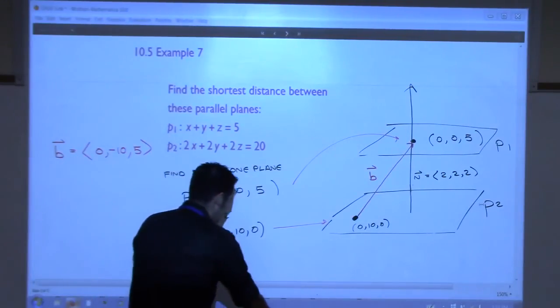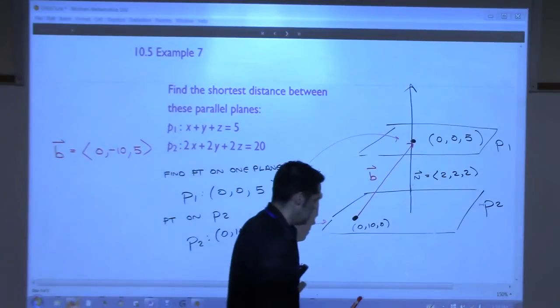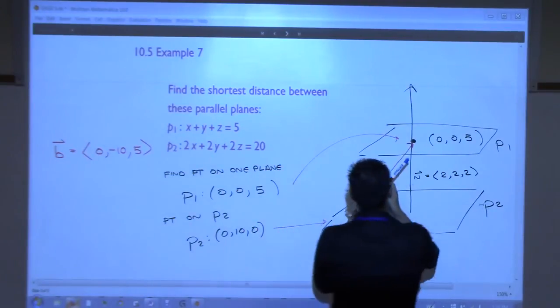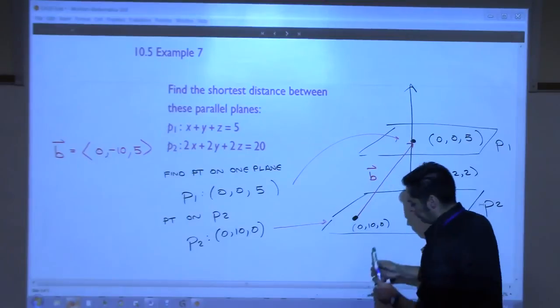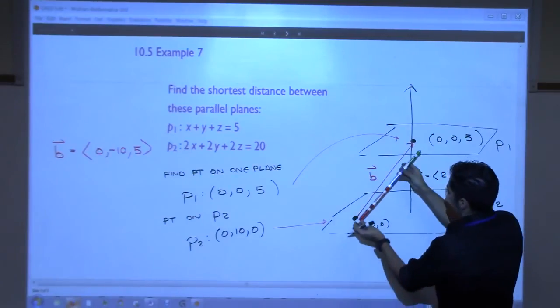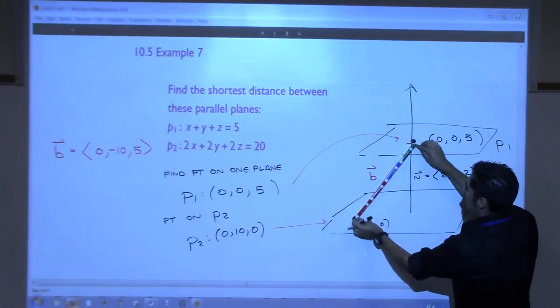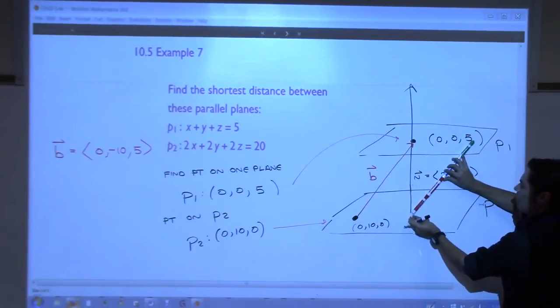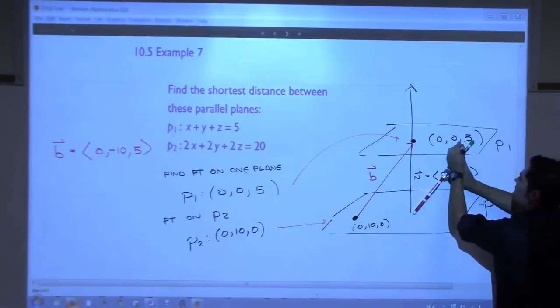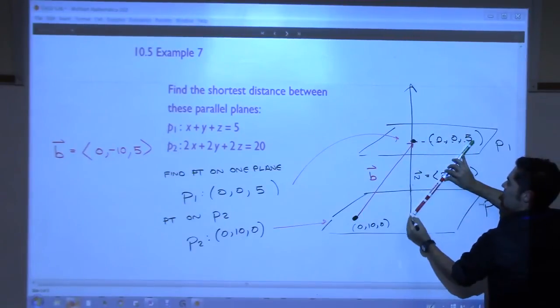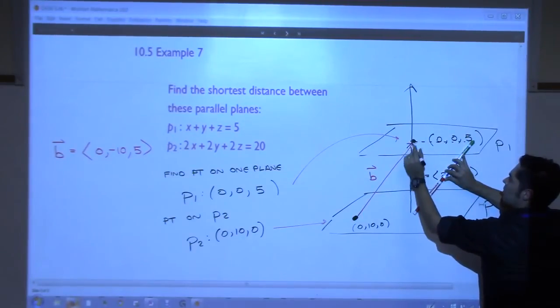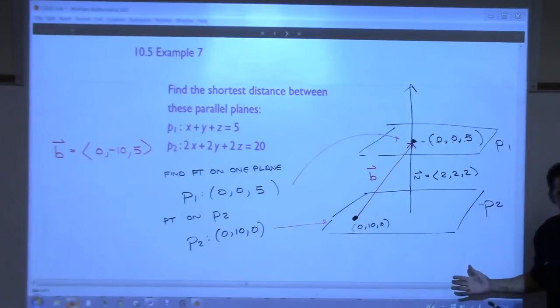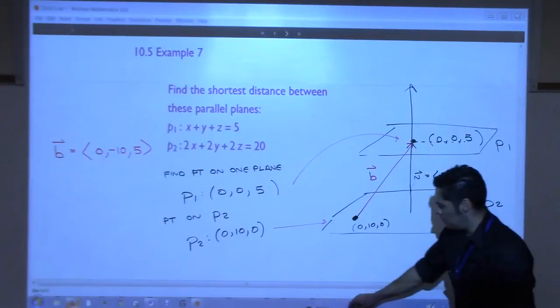So if we take this red vector, we take this red vector and we slide it to the normal, right? And then project it over, then this projection vector right here, its length is the distance, which is just the formula that we just came up with.